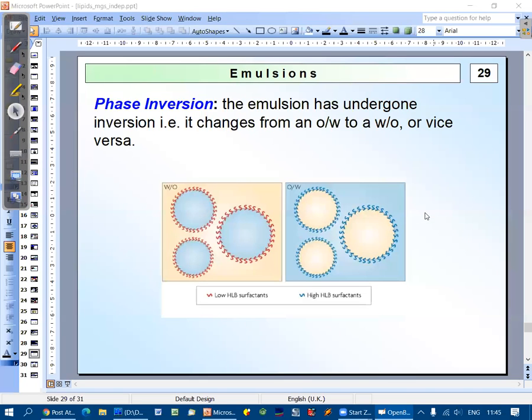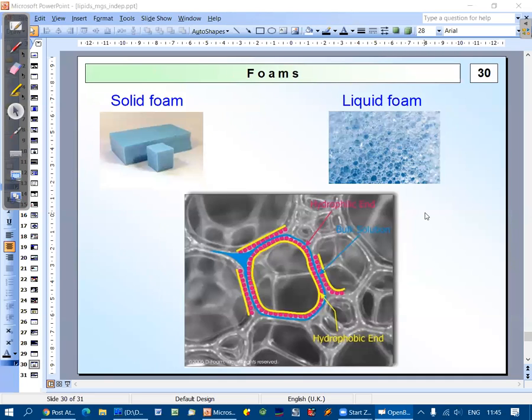And the last type, not the last, because aerosols belong to microheterogeneous systems, but we won't discuss aerosols right now, maybe during the seminar. The last type of microheterogeneous systems is foam. It can be solid foam or liquid.